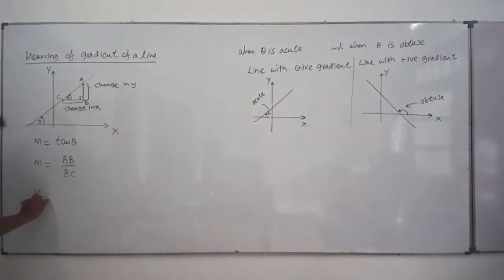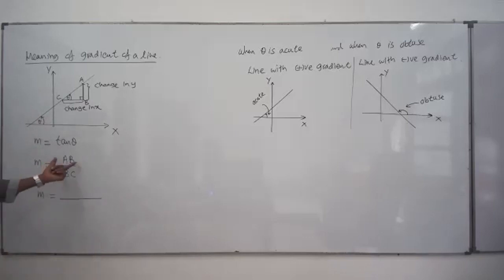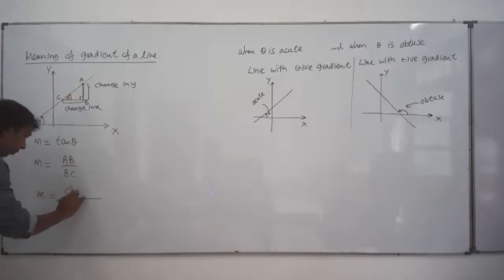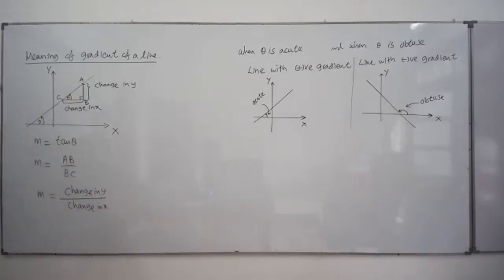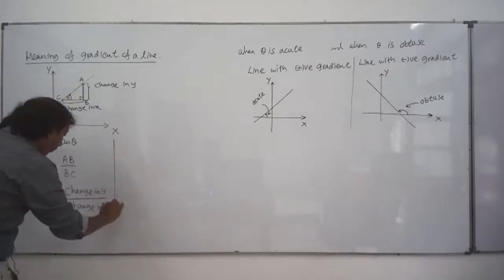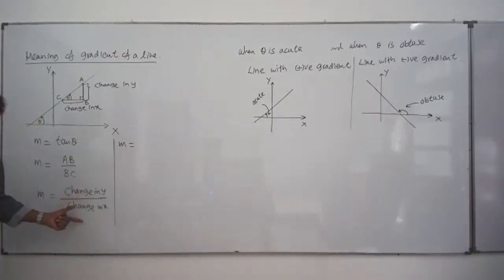Then M equals AB, change in y, divided by change in x. What is that? When you simplify these, we get one answer, no?